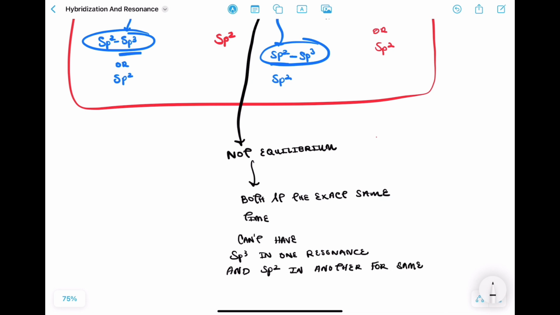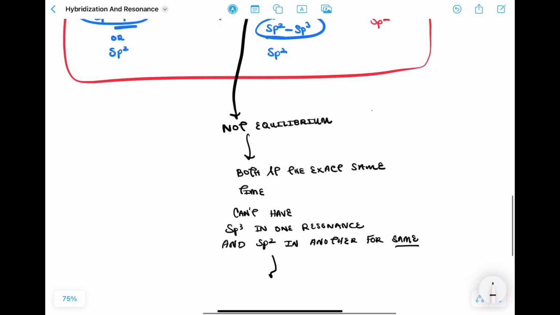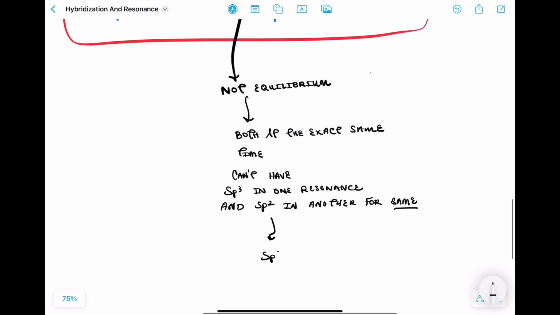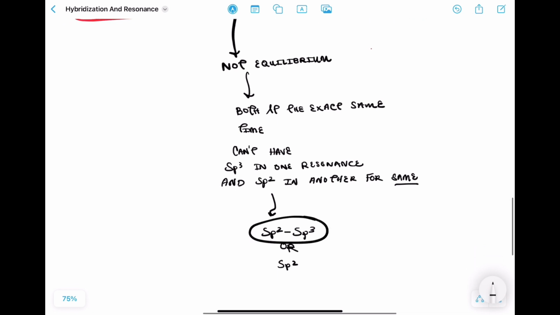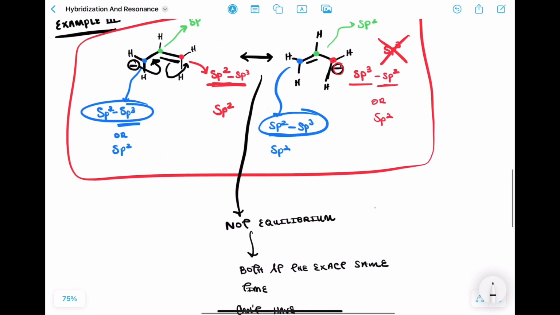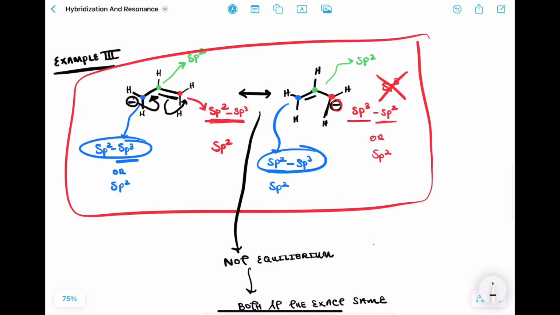So the way we solve that is by saying that it's sp2 dash sp3. Or you can equally say it's just sp2. All right, again, this is my preferred method. It shows a deeper insight into understanding how that works, but you wouldn't be wrong.